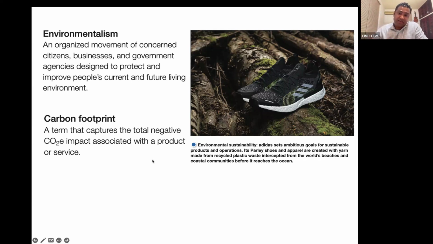So they're differentiating, and these brands are loved, and sometimes consumers pay premium prices for them. And environmentalism is a concept that talks about an organized movement of stakeholders, citizens, businesses, government agencies to protect and improve the environment, not only now, but in the future.